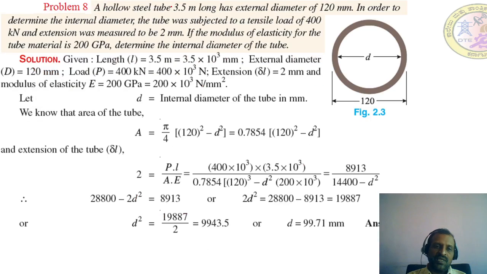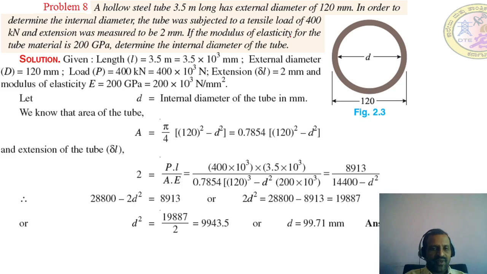Now similarly, next problem, problem number 8. A hollow steel tube 3.5 meter long has an external diameter of 120 mm. In order to determine the internal diameter, the tube was subjected to a tensile load of 400 kN and the extension was measured to be 2 mm.